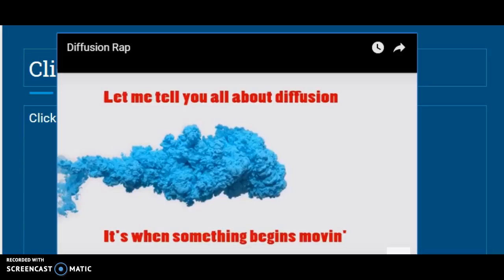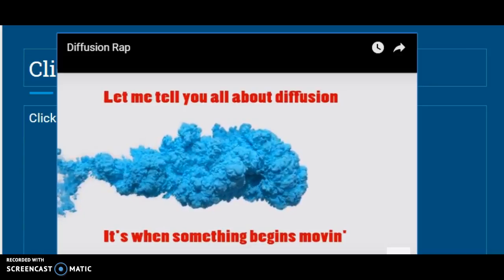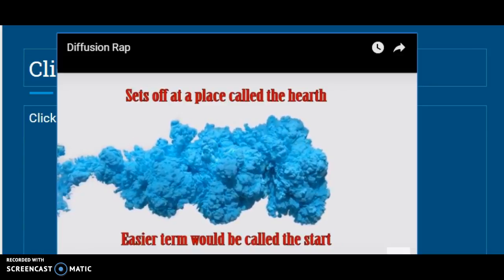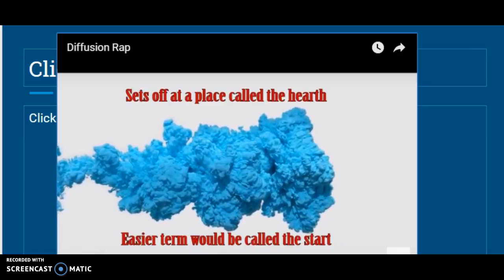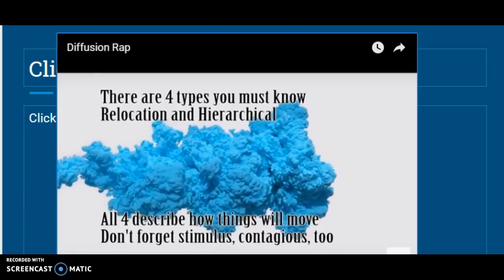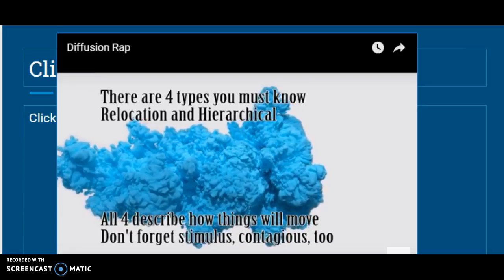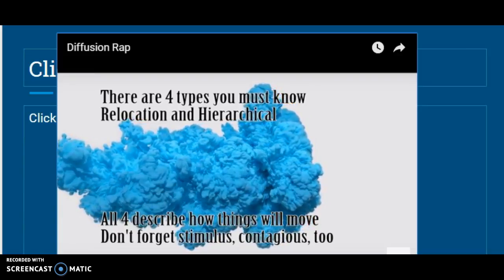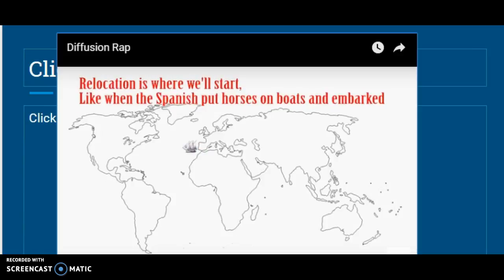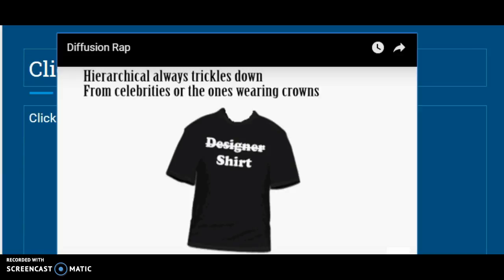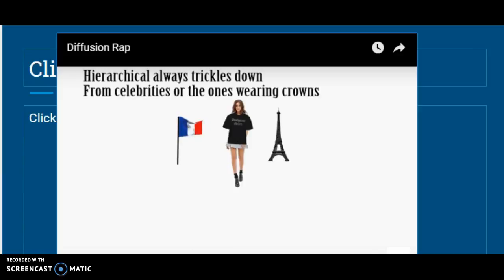Here we go. Let me tell you all about diffusion. It's when something that gets moving sets off at a place called the heart. Easy a term will be called the start. There are 4 types you must know: relocation and hierarchical. All 4 describe how things will move. Don't forget stimulus, contagious too. Relocation is where we'll start. Like when the Spanish put forces on boats and embarked, brought them all to the Western Hemisphere, when natives trade to a higher gear. Hierarchical always trickles down from celebrities or the ones wearing crowns.